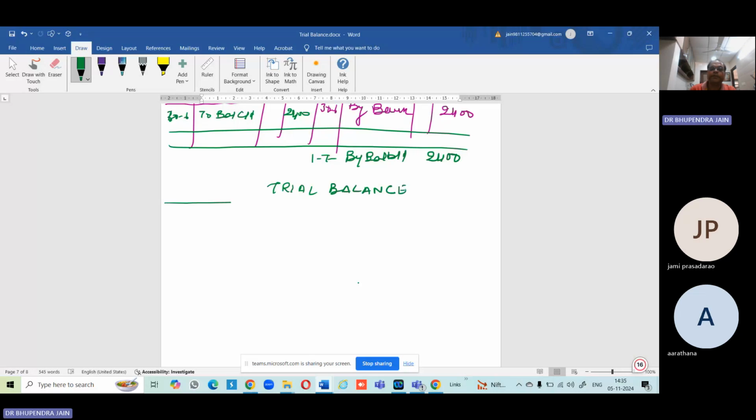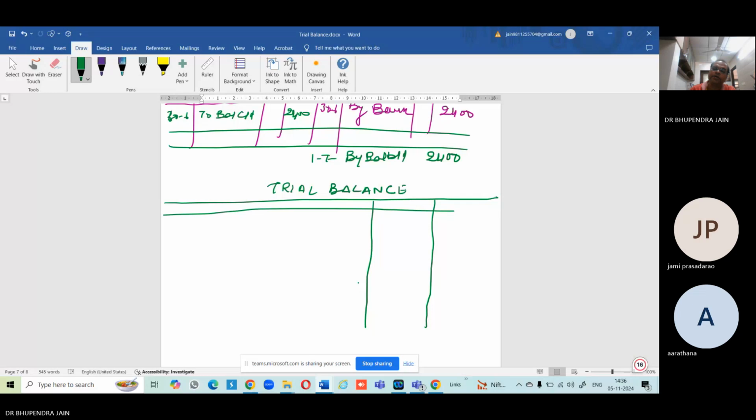Trial balance. There are two types of methods to prepare the trial balance. I am using here the second type of method, in which the first column is particulars, and there are two columns of amount, debit amount and credit amount.